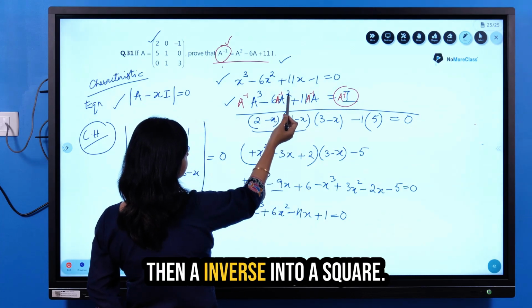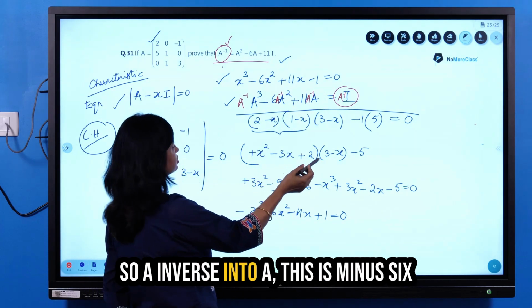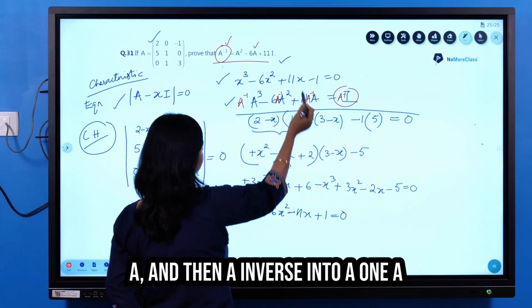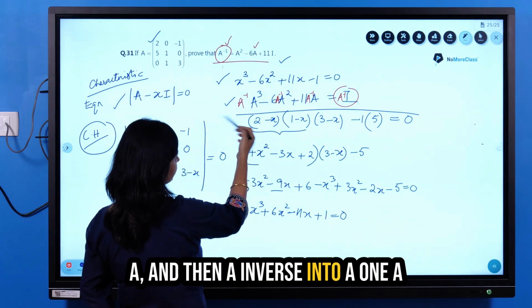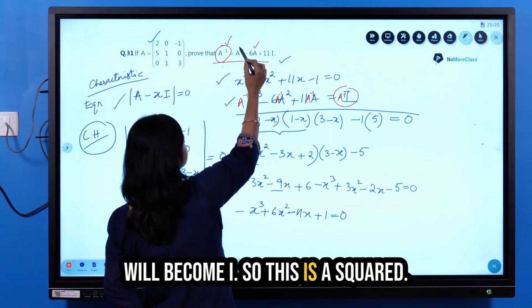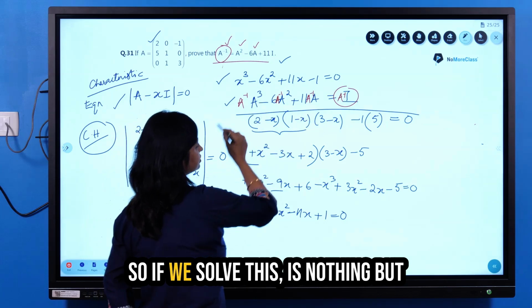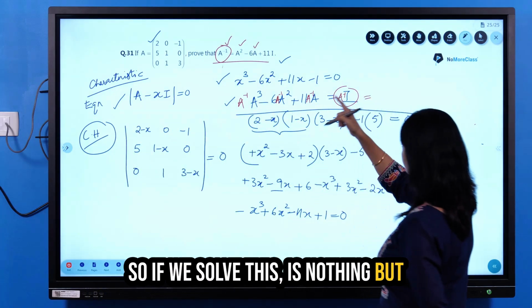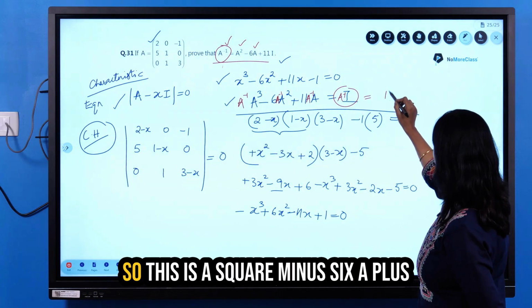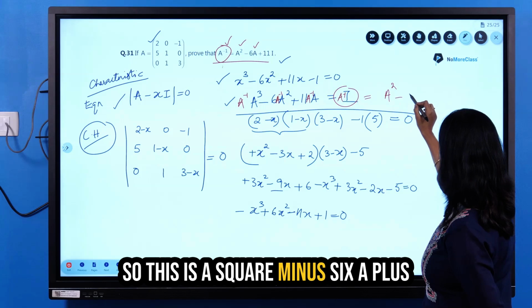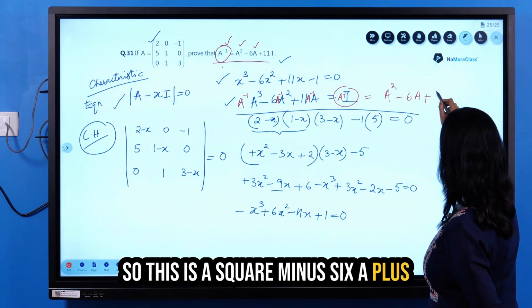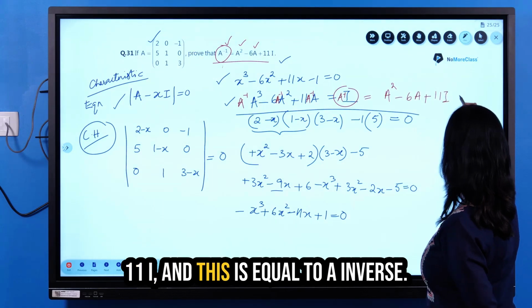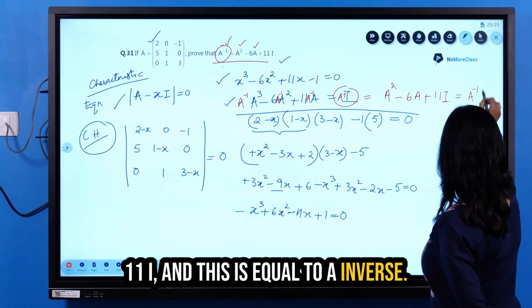Then A inverse into A square is A, so this is minus 6A. And A inverse into A cube will become A square. So if we solve, this is nothing but A square minus 6A plus 11I, and this is equal to A inverse.